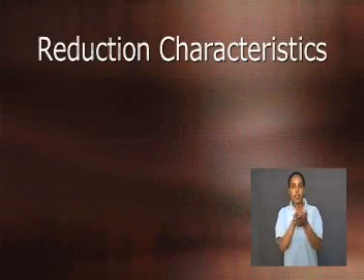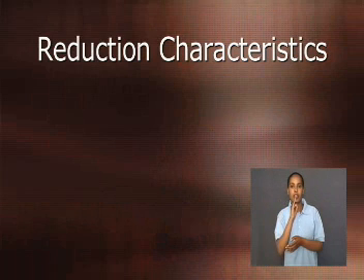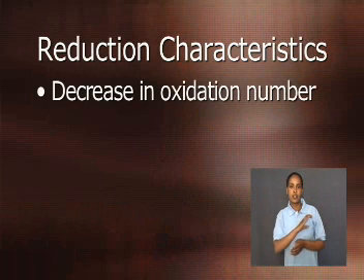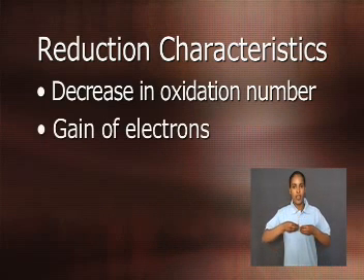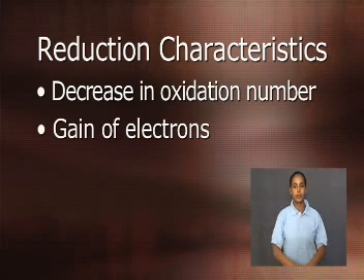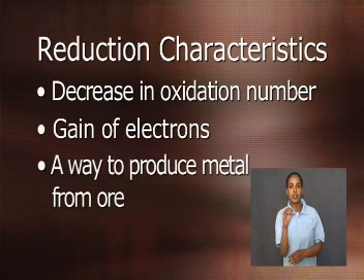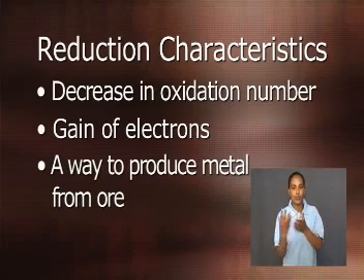You were also correct to say that reduction is characterized by a decrease in oxidation number, a gain of electrons, and it is a way to produce metal from ore. Let us continue.